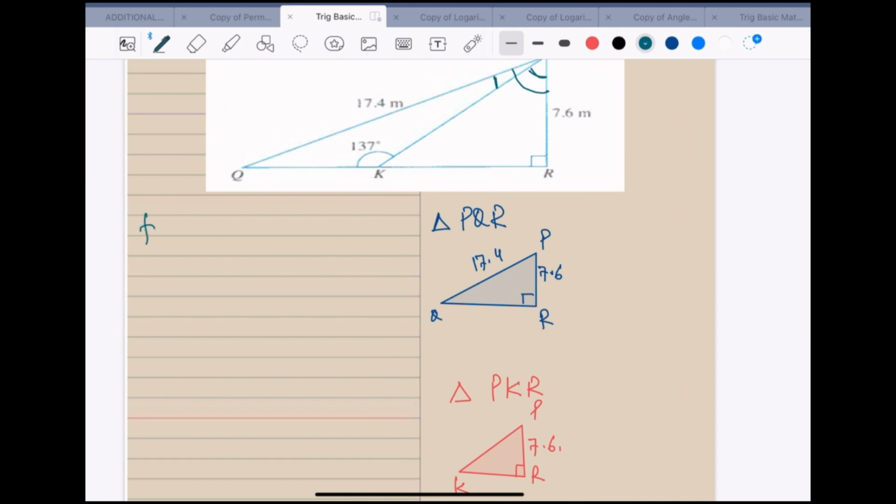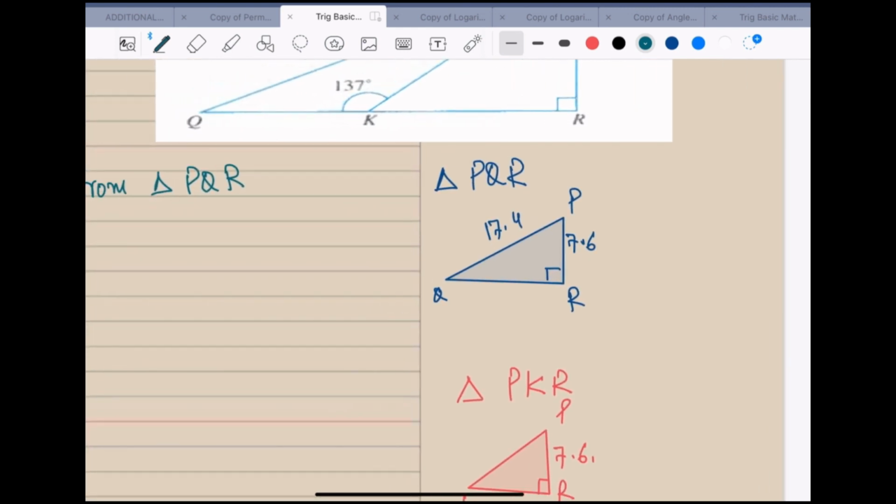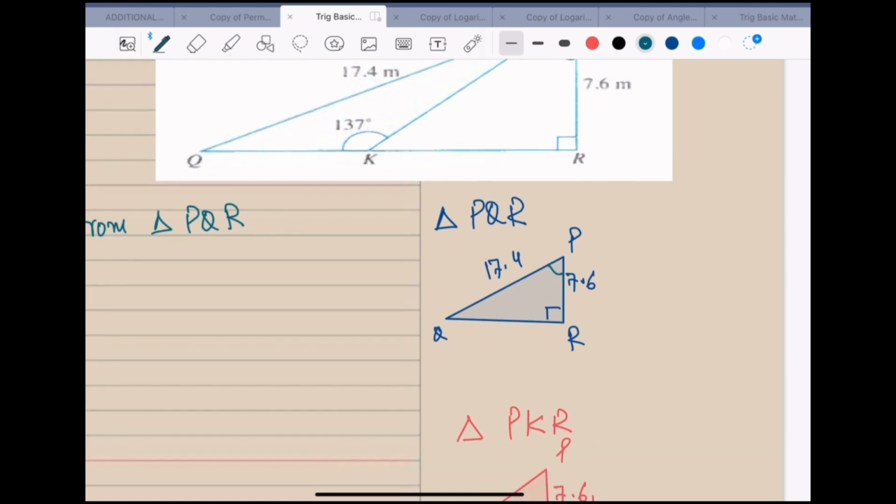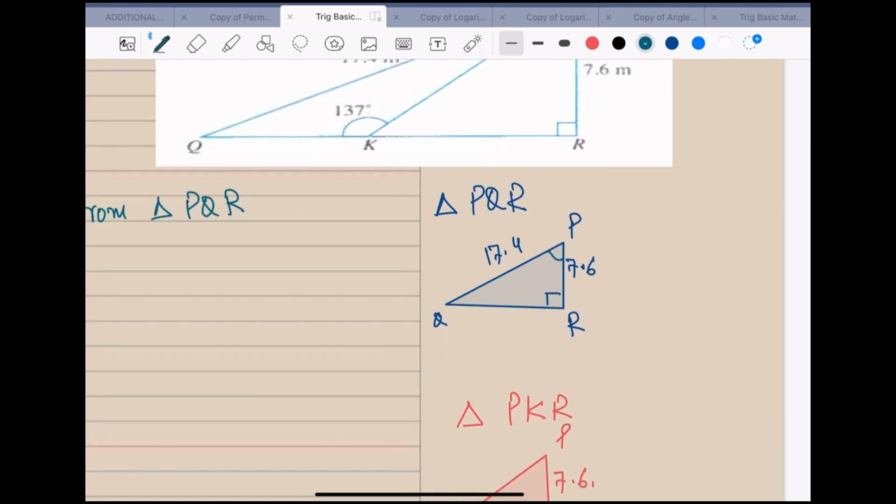So from triangle PQR, I need to find out this angle, and what I'll use is, according to this angle, I have adjacent, and according to this angle, this is the hypotenuse. That's the first thing that you need to mark.